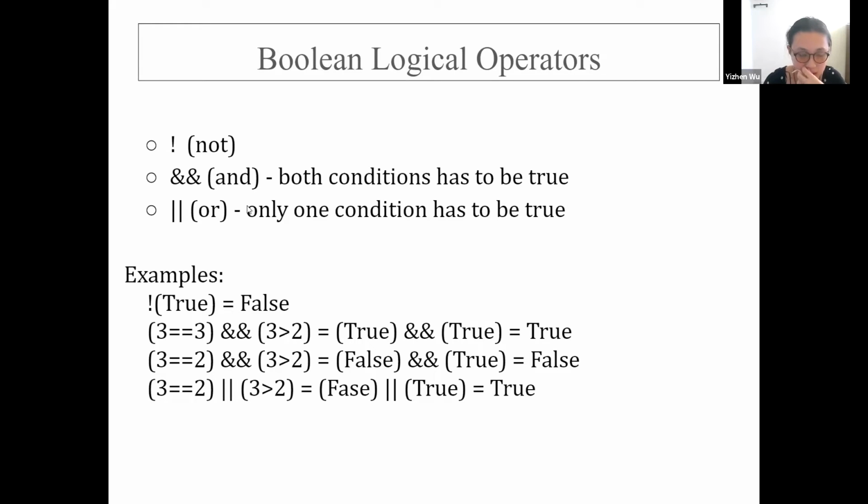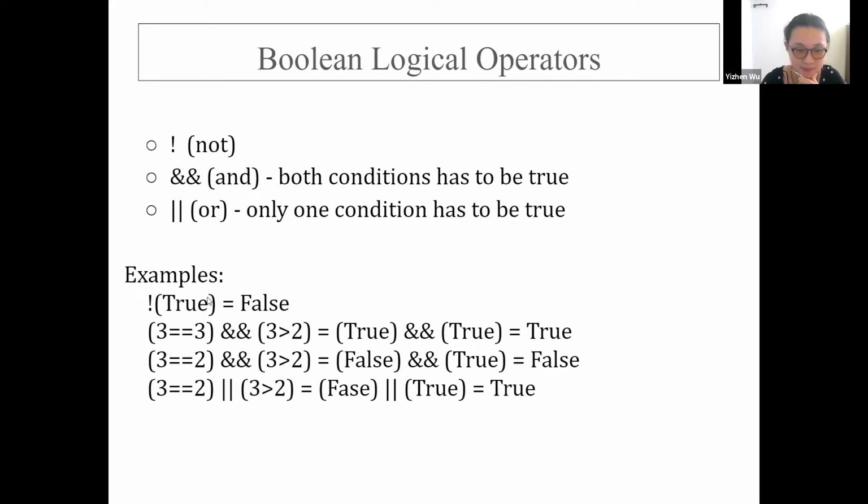Let's look at some examples to make it clearer. First, true is a Boolean value, right? A Boolean value only has true or false. So true is a Boolean value, and when we add the exclamation mark, it means the opposite. What's the opposite of true? It's false.